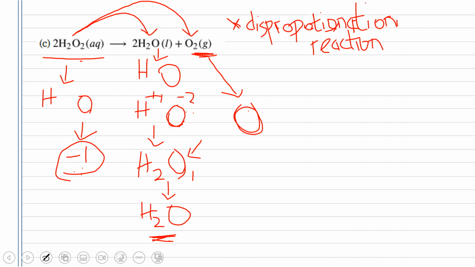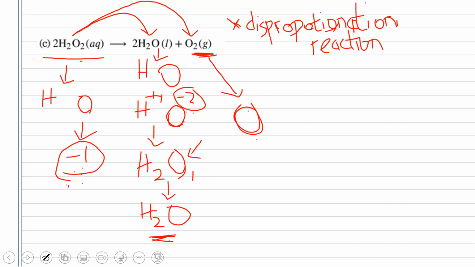Okay, so that's what we want to take note of. The same oxygen is -1 here. In this situation, it's -2. The same oxygen in a different situation, it's -1 here, but now it becomes 0. So this is disproportionate. So that's why we call this a disproportionation reaction.